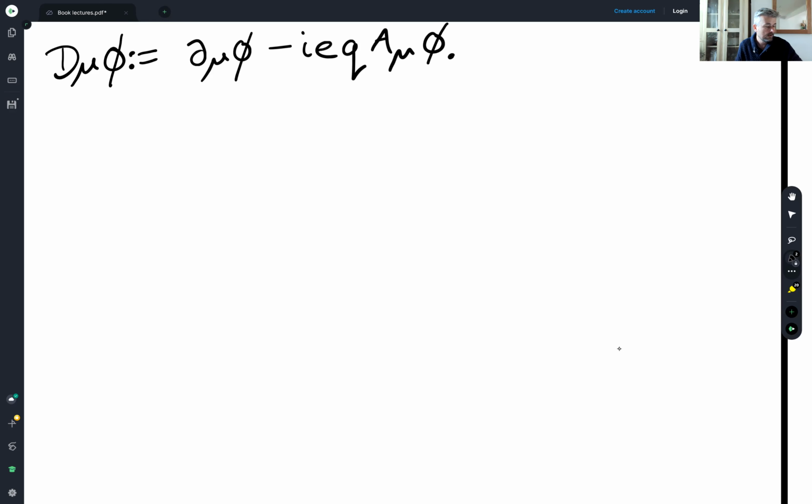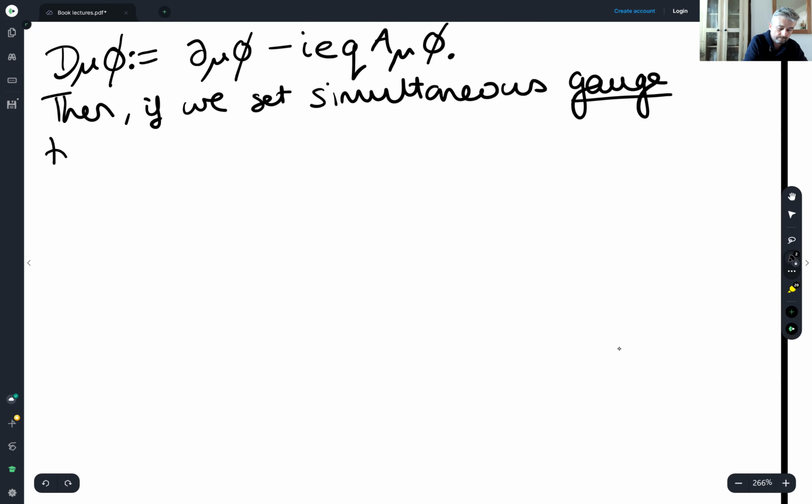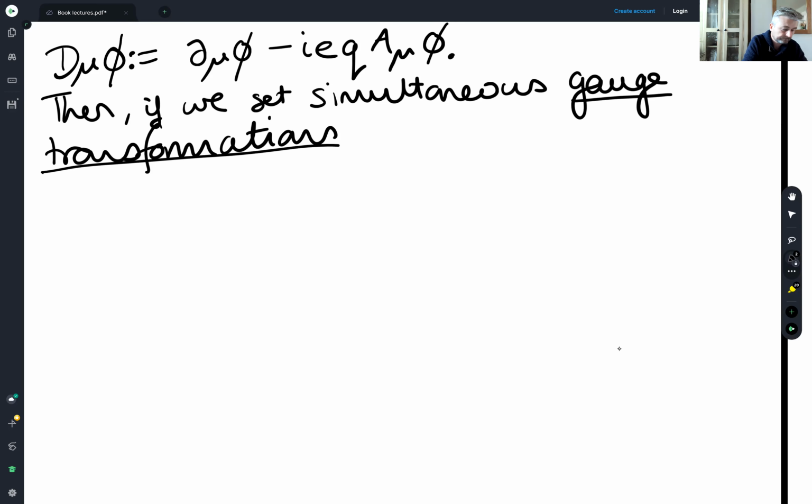Okay. And now we're going to change the gauge transformation. We're going to let both of the quantum fields that we have now, both phi and this A mu, transform simultaneously under a gauge transformation. So these are now, because alpha depends on x, called gauge transformations.